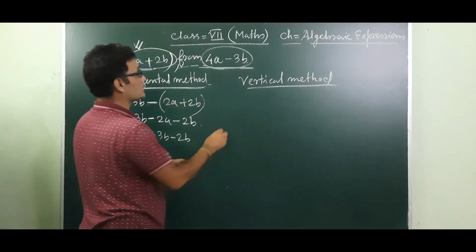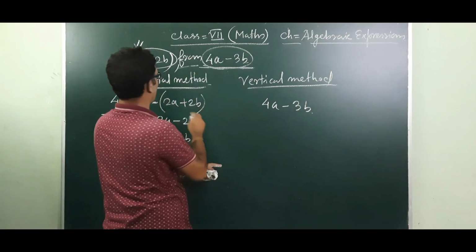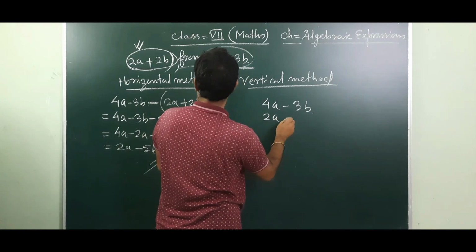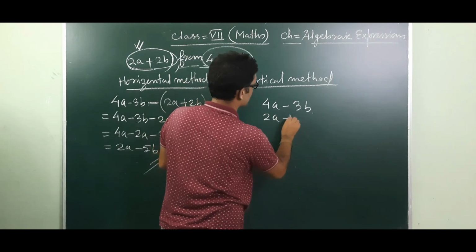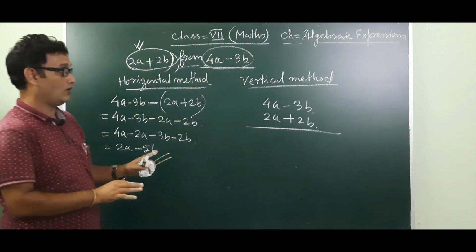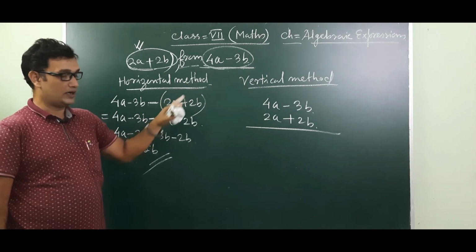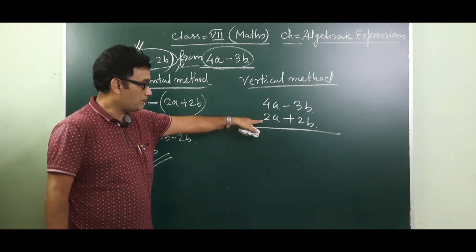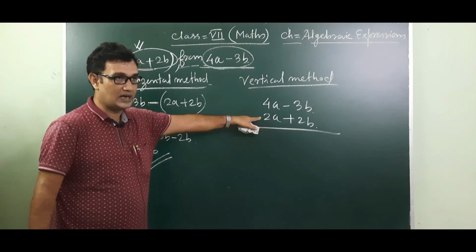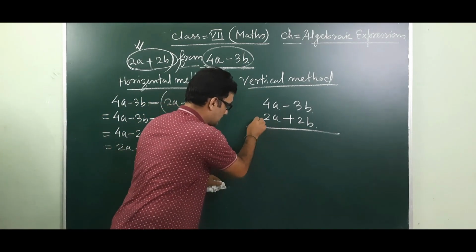Here first you write this one, 4a minus 3b, then 2a plus 2b. Now you see, in case of subtraction, when you are using the vertical method, before 2a what sign is there? No sign, that means plus. You have to change the sign. You have to write minus.